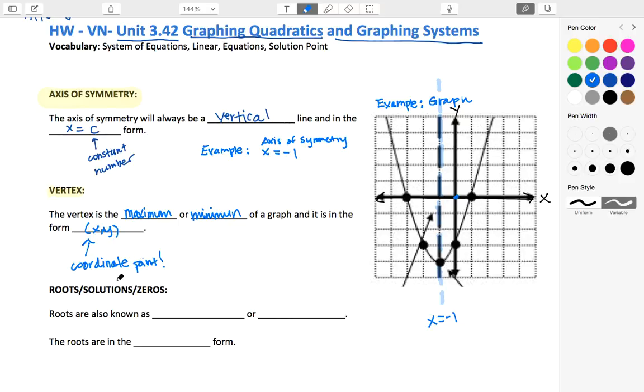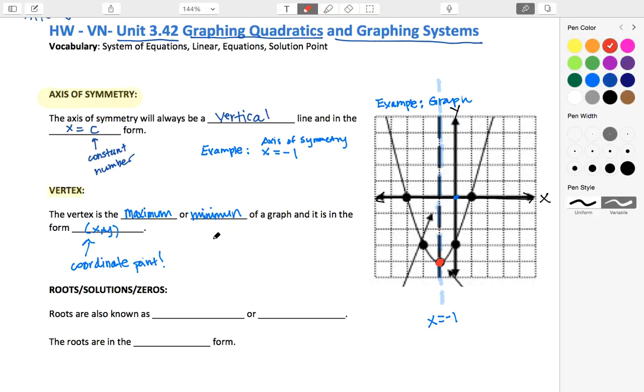So how do we find the vertex in our parabola here? I'm going to use this in red. That's going to be this point at the very bottom. We can see here that this actually has a minimum, right?